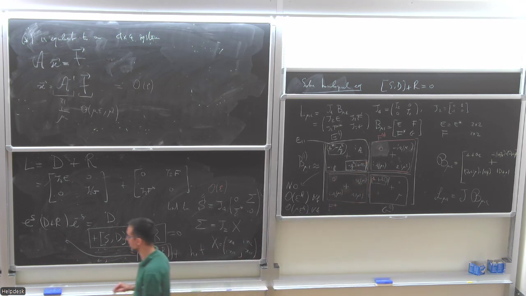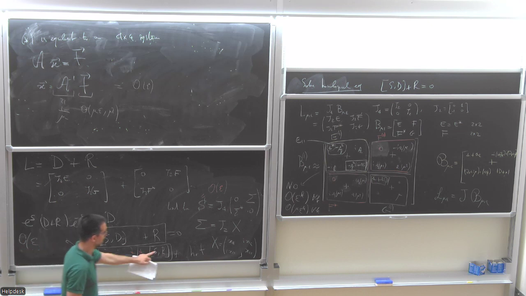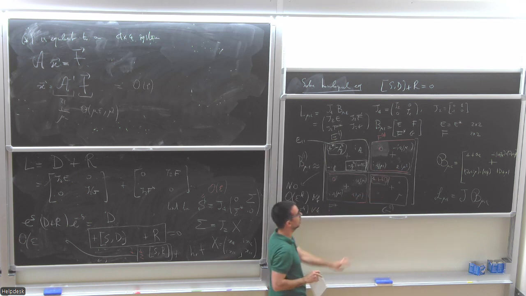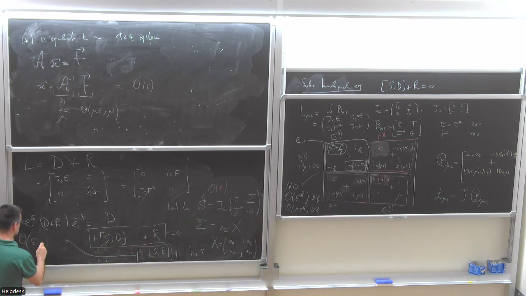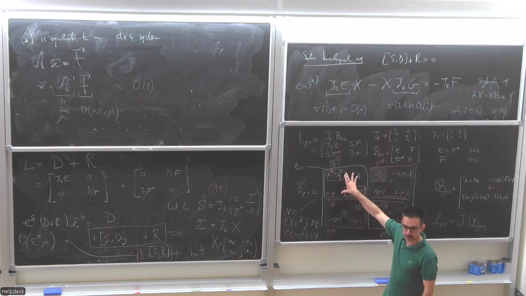And what is the size of this correction? S is of order epsilon, and R is the off diagonal term, so you see there is a term of mu epsilon. So this is epsilon squared mu. This might be bad in principle, because this is a correction to the diagonal part.